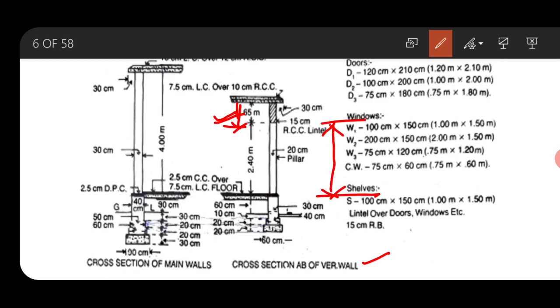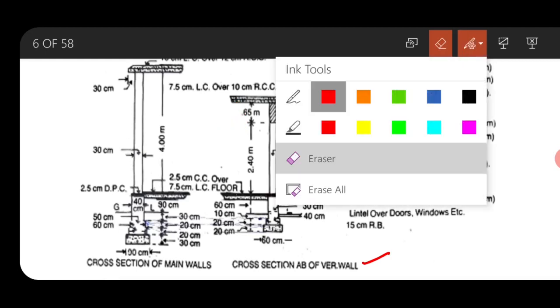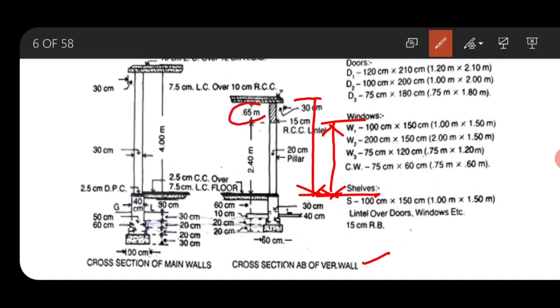Clear? So first we will consider this entire length as solid and then deduct the portions where there is no brickwork. That means the brickwork is only for this depth, that is 0.65 meter depth.